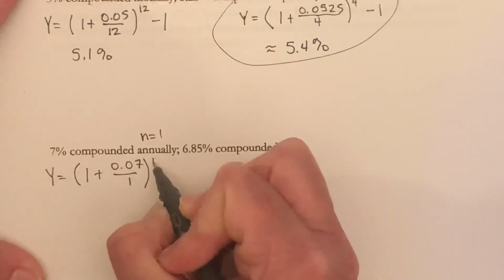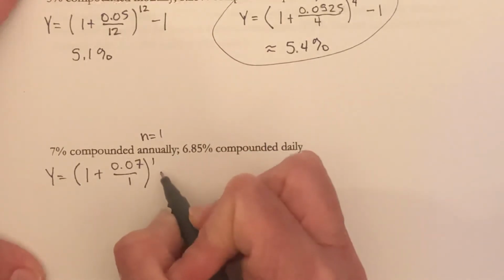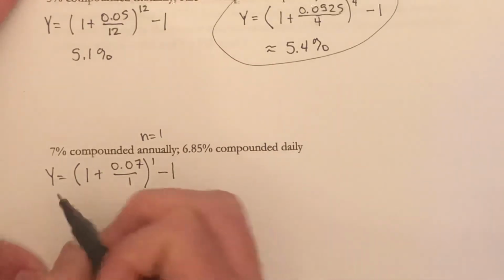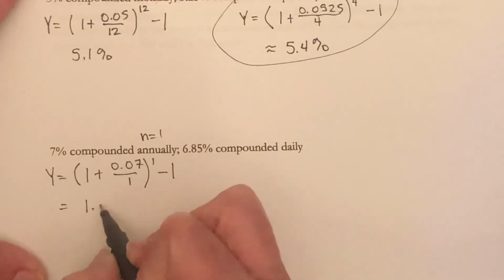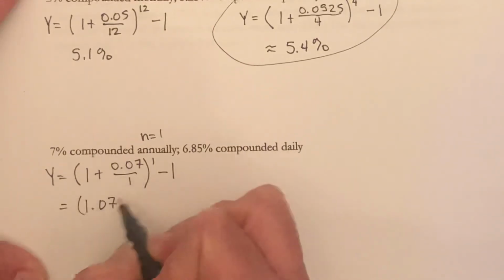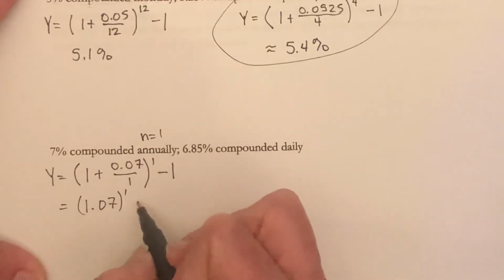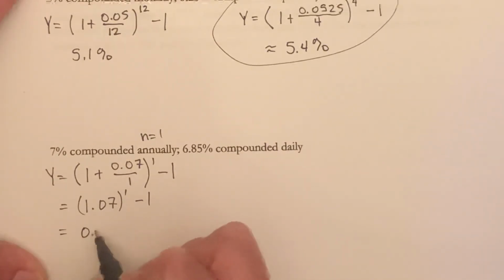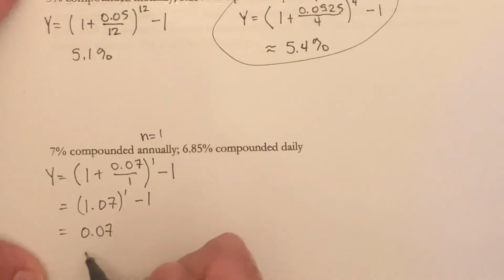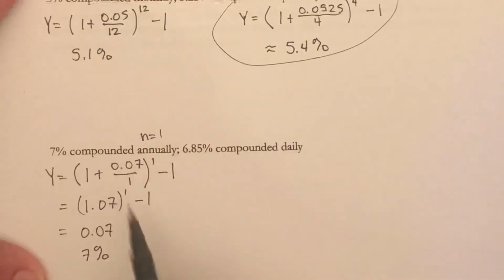So this is raised to the first power, and we subtract off 1. Well, this is about as easy as it's going to get. If we raise that to the first power and subtract 1, we get 0.07, which is 7%. Compounded annually, that's basically the same as simple interest if you're only doing it for 1 year.